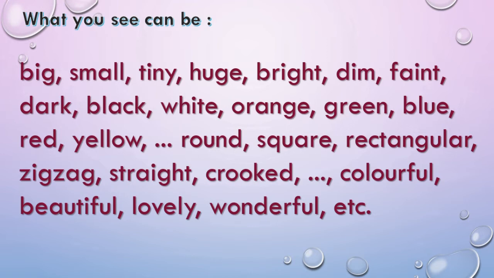And the colors like red, yellow, green, dim, faint, bright, these tell about the colors. Okay? Then round, square, rectangular, zigzag, about the shape. Whatever conclusion we give: this is a very beautiful picture, colorful picture. Correct? Like these words we can use for the given pictures.